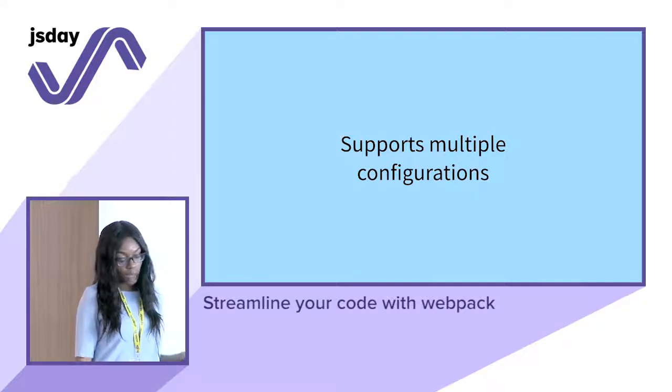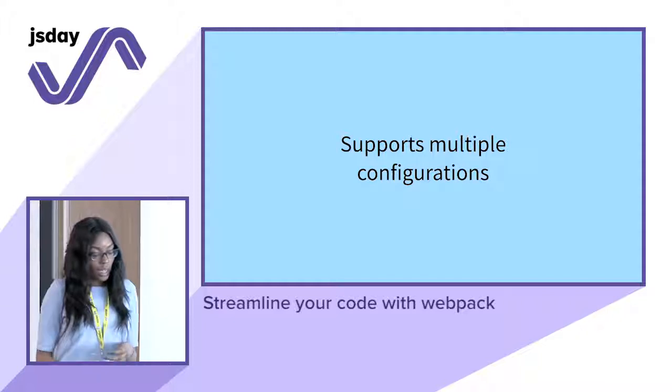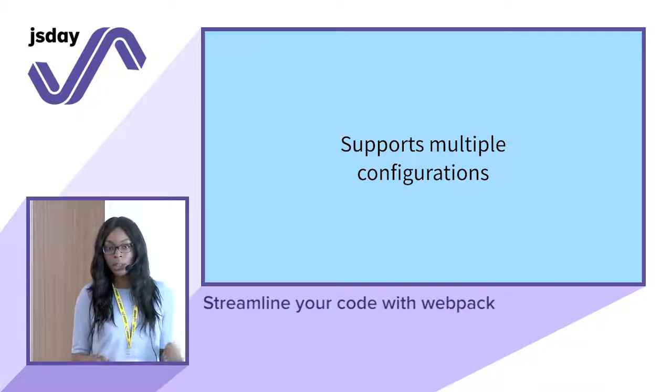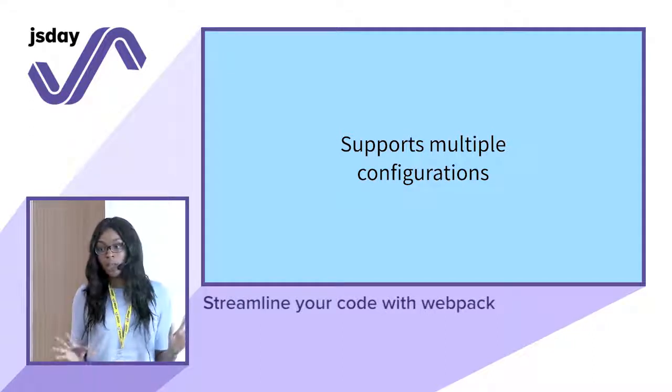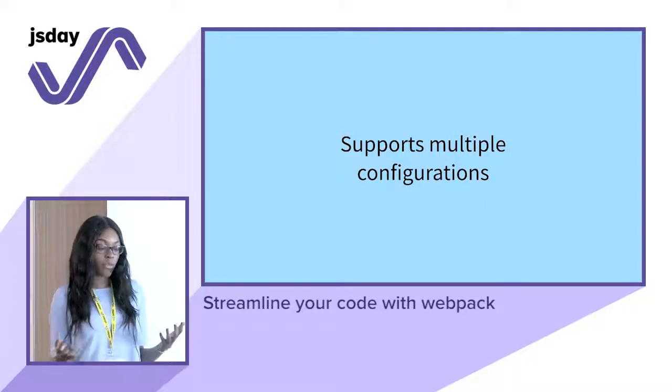But we can also say we still care about our learners that use IE11, and we can make another bundle that does transpile our code into ES5. So now we end up with two versions of our code, one for older browsers and one for new browsers.